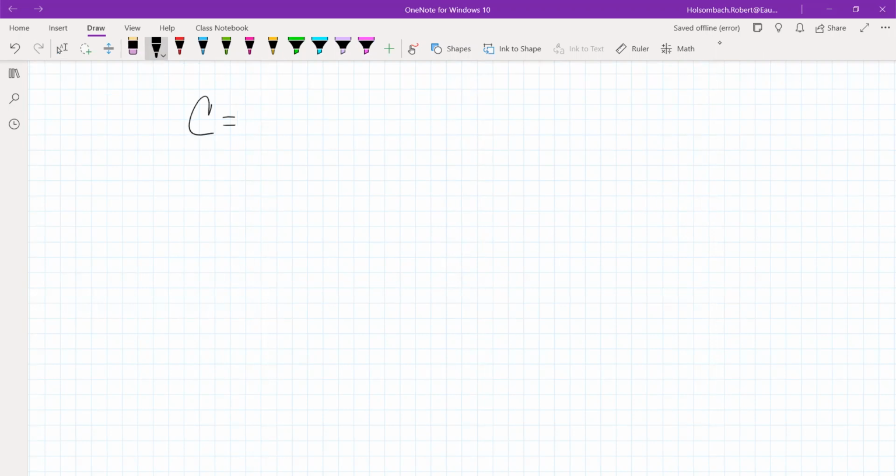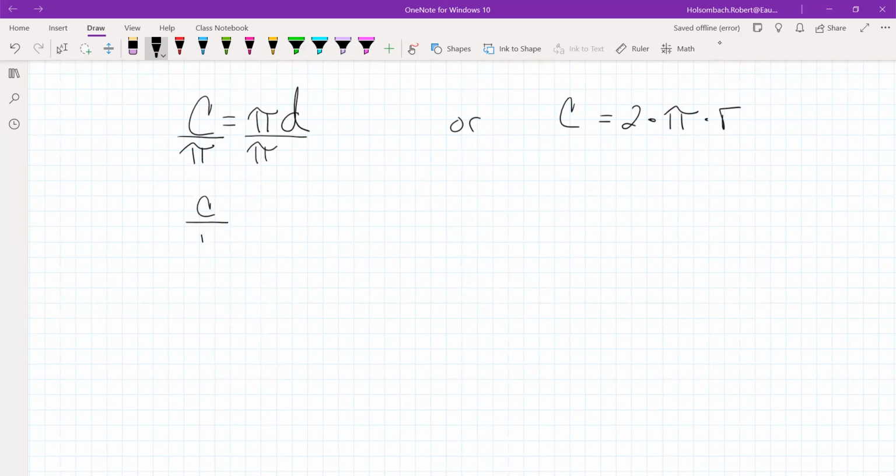If circumference equals pi times the diameter, or you can use circumference equals 2 times pi times the radius, then look, if you're given the circumference and asked to find the diameter, okay, circumference divided by pi equals the diameter.